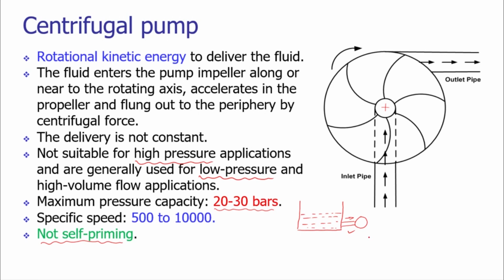The initial lifting of the fluid at the start of the operation of the pump is called priming. That capability is not there in the centrifugal pump. So we have to have a manual or additional mechanism to prime the pump, to add the extra fluid inside the pump.